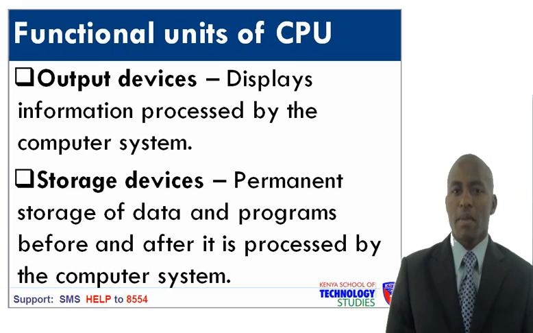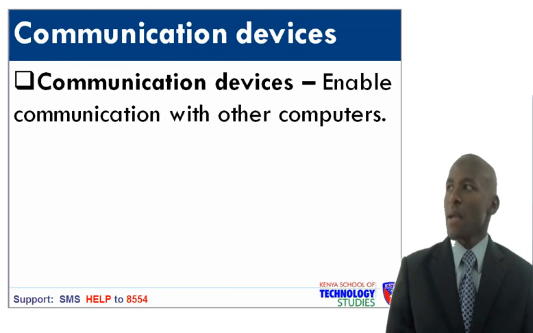Functional units of a CPU. Still, we have output devices. They display information processed by the computer-based system. The other functional unit of a CPU is storage devices. Permanent storage of data and programs before and after it is processed by the computer system.